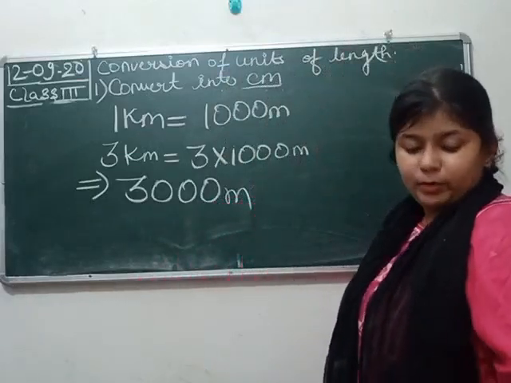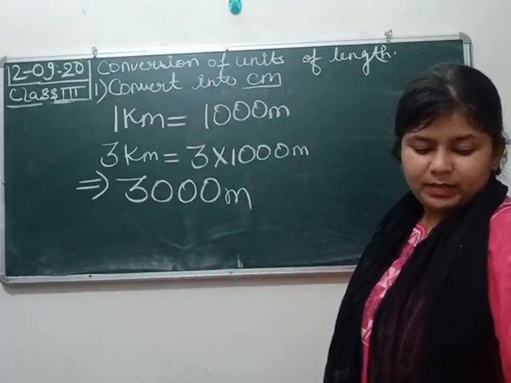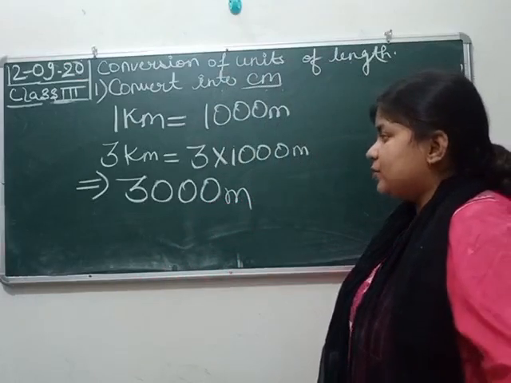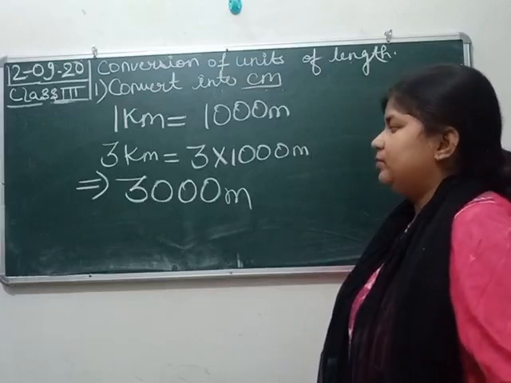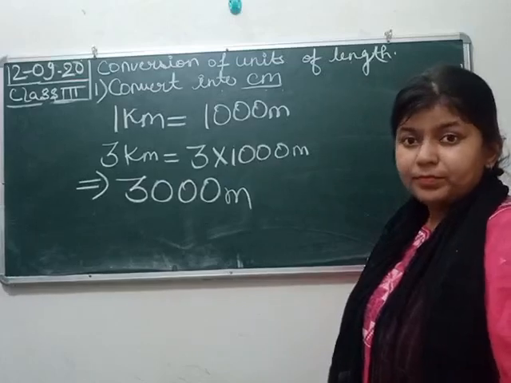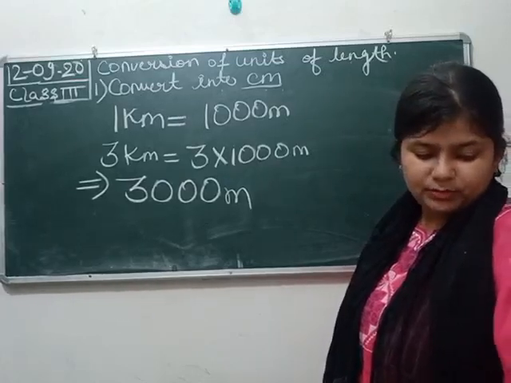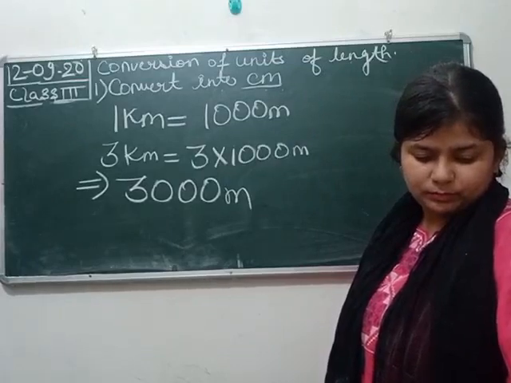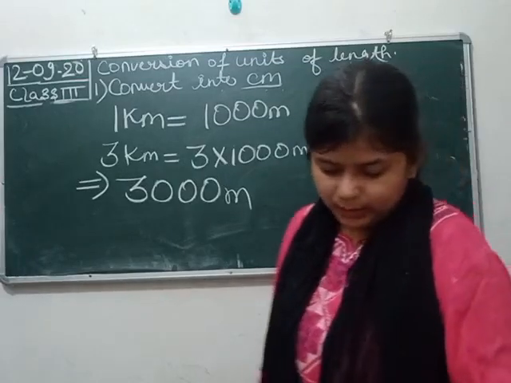So 1 kilometer equals to 1000 meter. Now similarly, 3 kilometer equals to 3 into 1000 meter, and together we have got 3000 meter. Okay, now let us do some more questions.